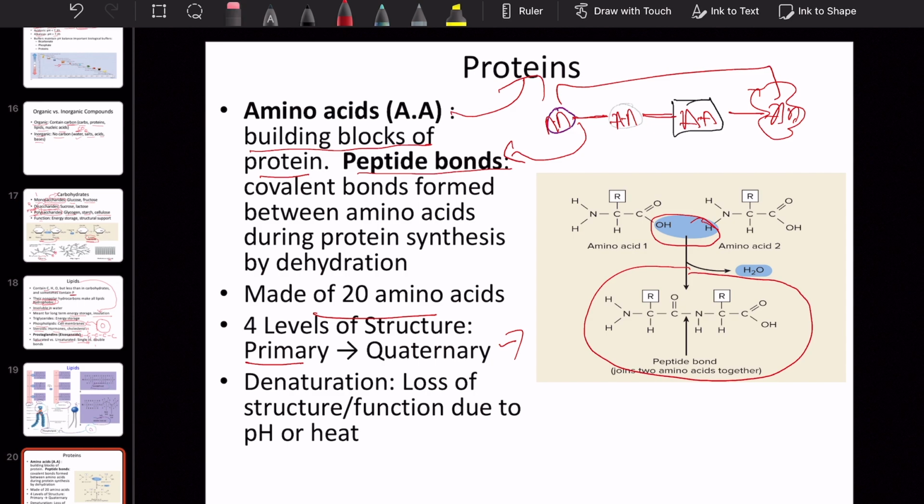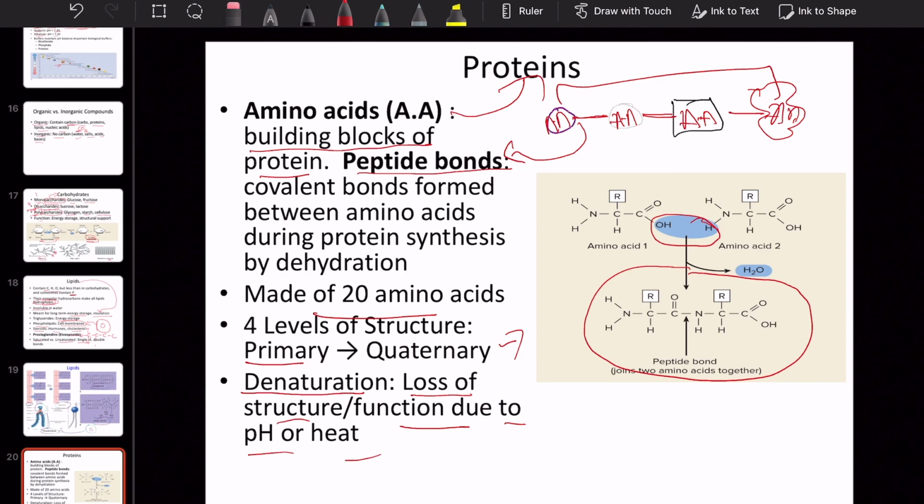Then another thing about the protein when you study is the denaturation reaction. Denaturation is the loss of structure and function due to pH or heat. So for example, egg. You're making an egg sandwich, maybe a sunny side egg. You put that on a pan. When the temperature is going up, the transparent liquid part of that egg becomes white in color, so that you eat.